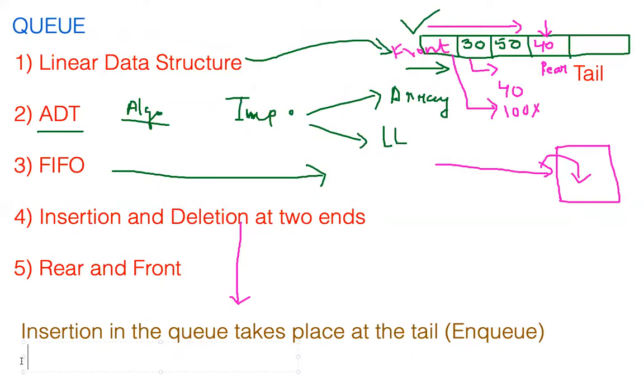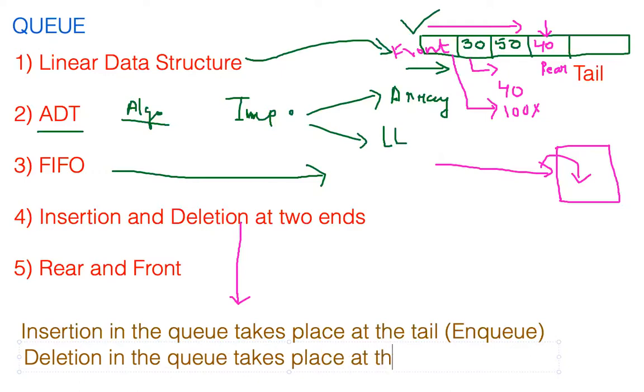Now we can write it like this: deletion in the queue takes place at the head of the queue, and this operation is known as DQ. So I have written these two parts: the rear is for the insertion and the front pointer is for the deletion.